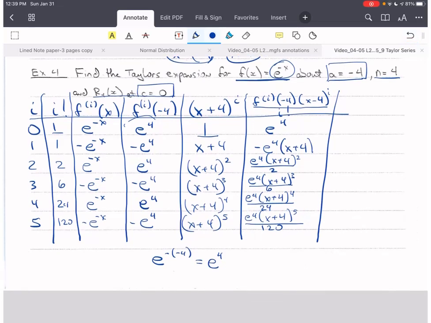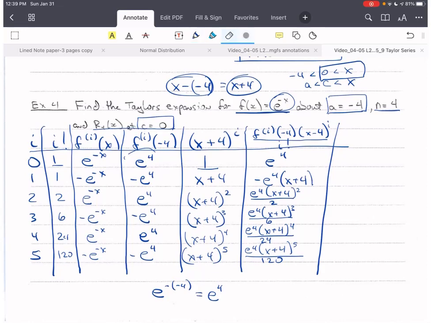Okay, and so now I want to write the Taylor series expansion for f of x equals e to the -x.